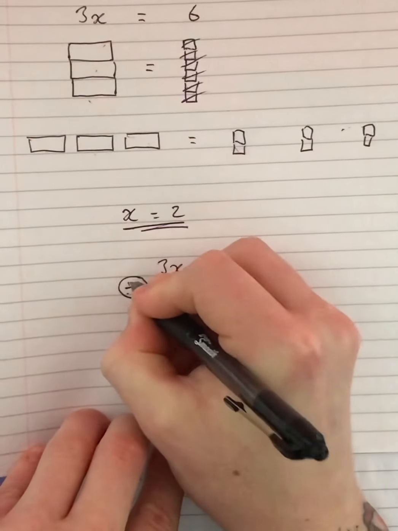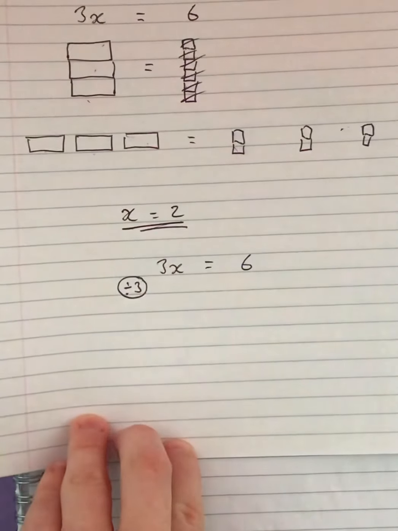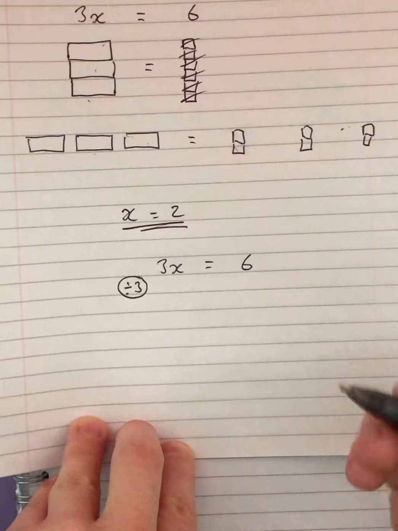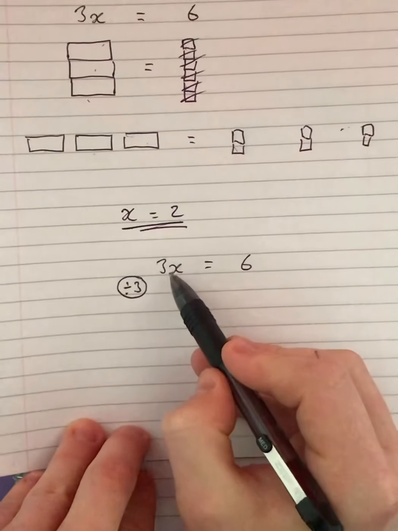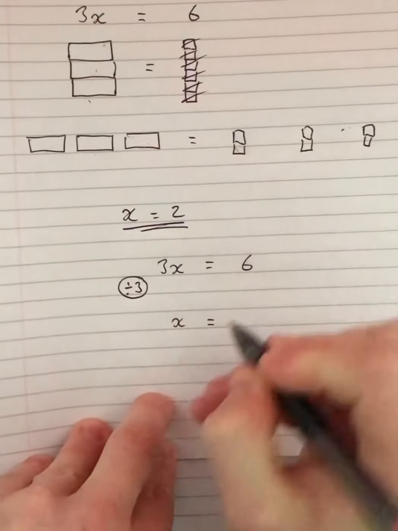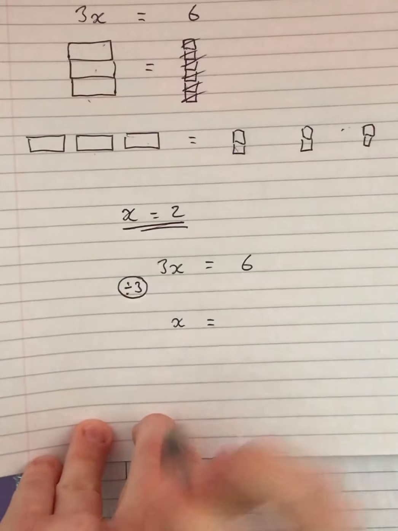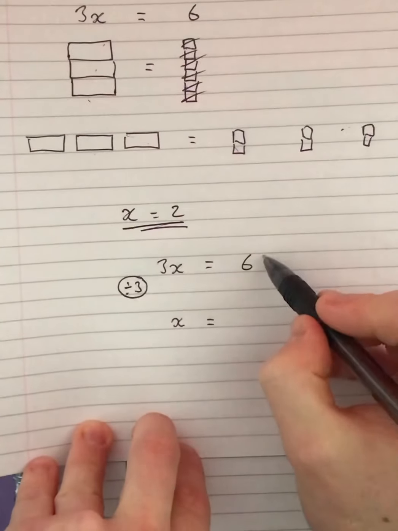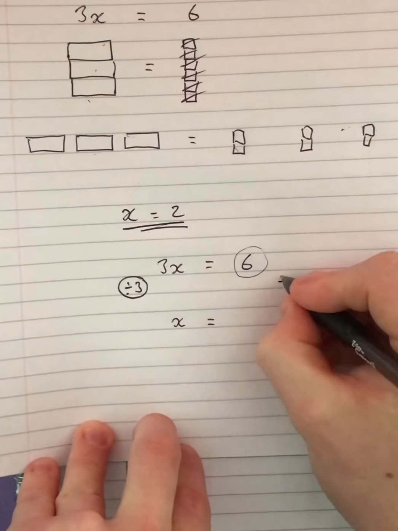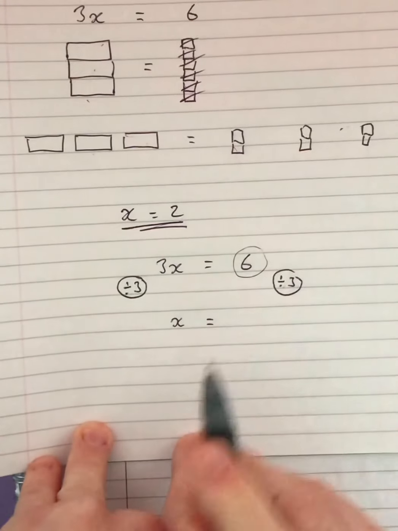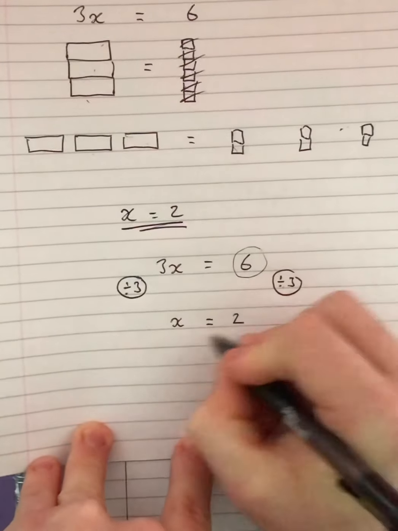And remember, when we split stuff into 3, we are dividing it by 3. So we've got 3 rectangles, we split them into 3. So we've got 1x in each group. If we've split this side of the equation into 3, we must split this side of the equation into 3 as well. 6 divided by 3 is 2.